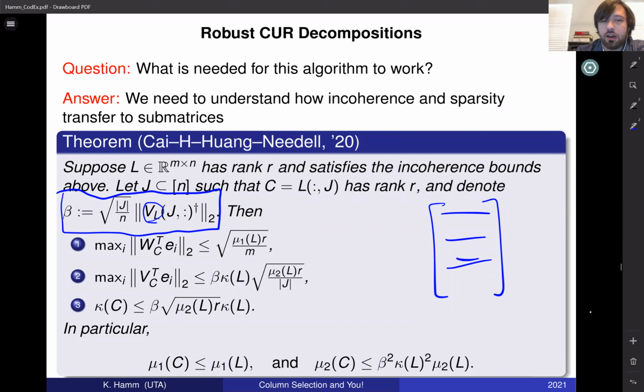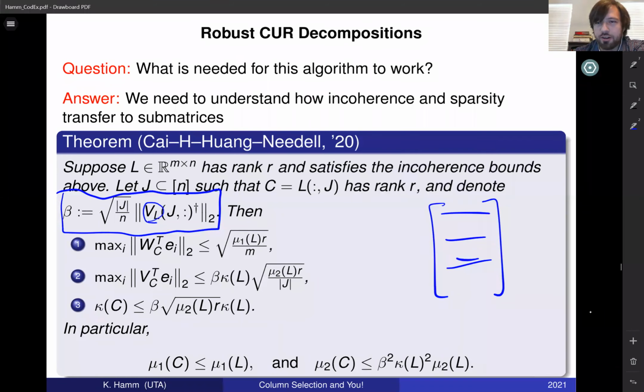This is a key theme in all of this: understanding norms of pseudo inverses of row submatrices of singular vectors will tell you a lot of information about any column selection scheme.